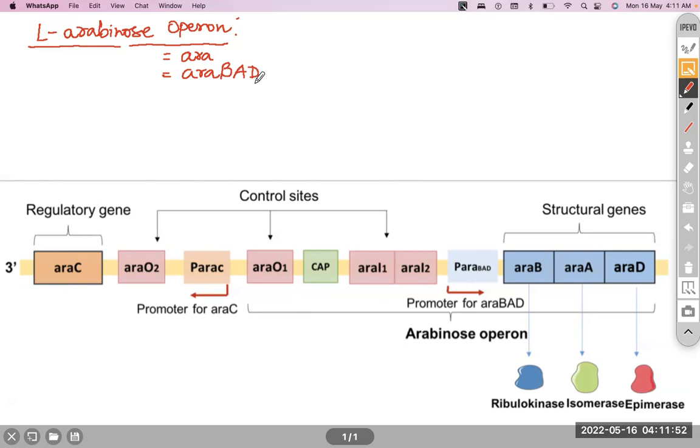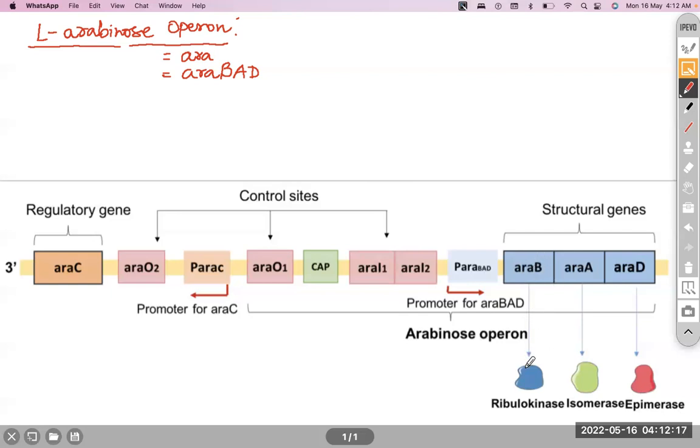These structural genes encode 3 metabolic enzymes that are required for the metabolism of L-arabinose. These enzymes are ribulokinase, isomerase, and epimerase.